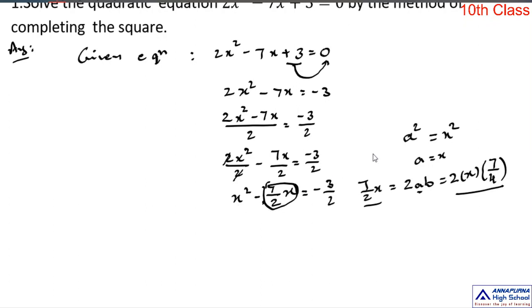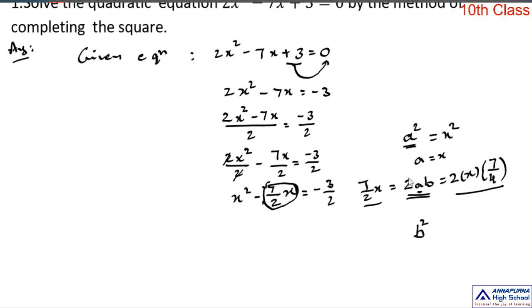We treat the first term as a square and the second term as 2ab. I think one is missing here. What is missing? A square is there, 2ab term is there, then what is missing? Yeah, b square is missing.